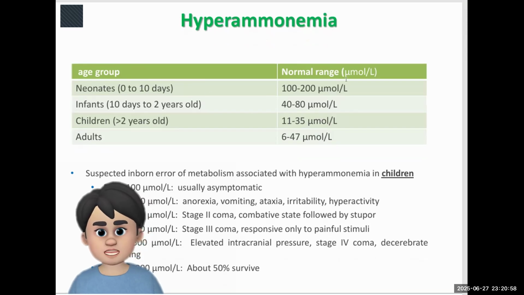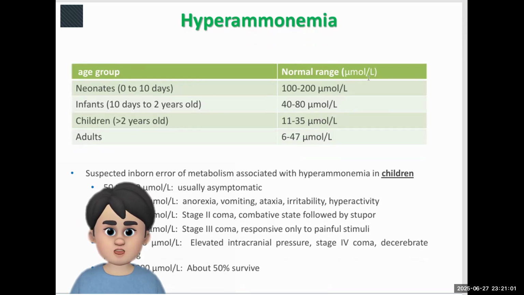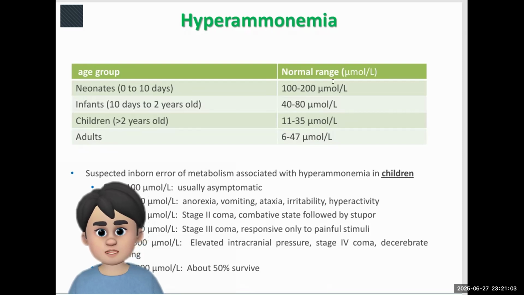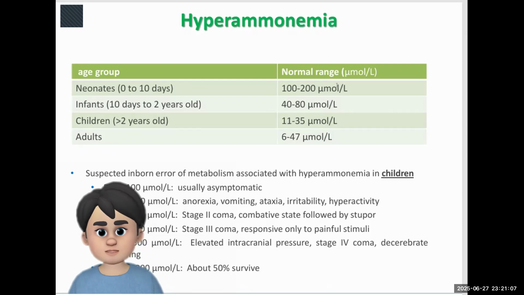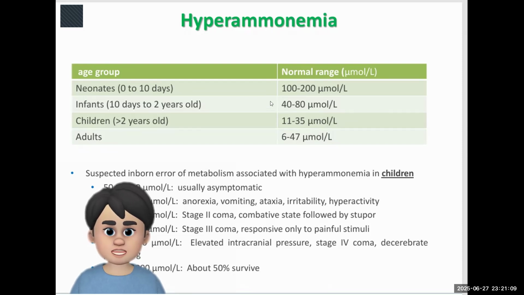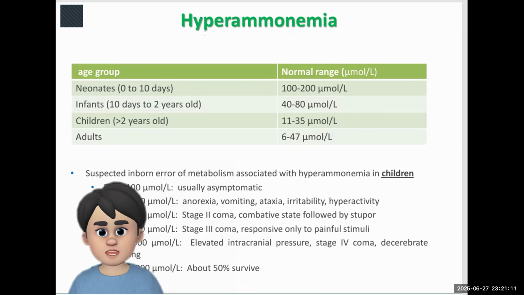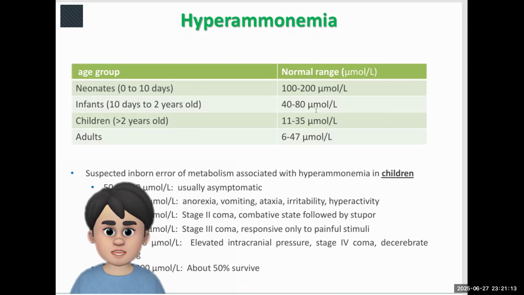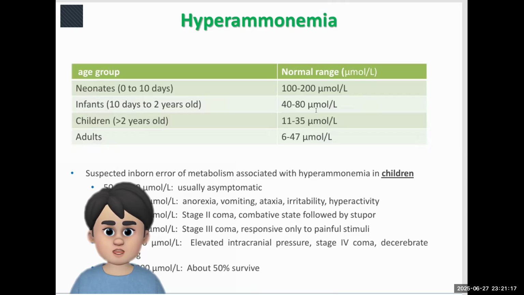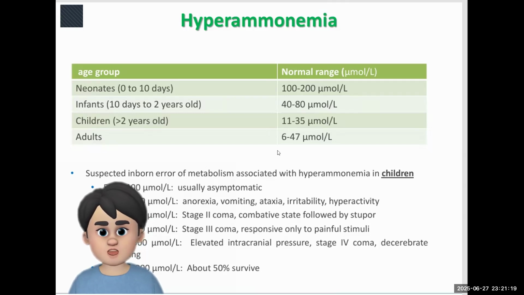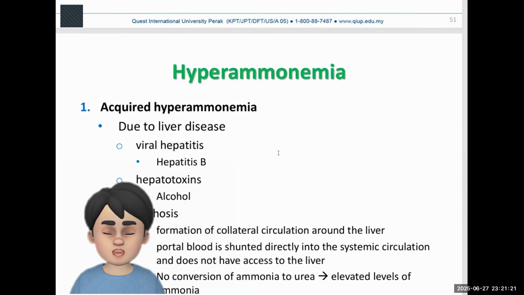For a neonate this is the amount in micromole per liter. For an infant, 10 days to 2 years old, it is 40 to 80 micromole. You can see that for adults the ammonia level decreases as the person ages. It is better to have some idea of these things.